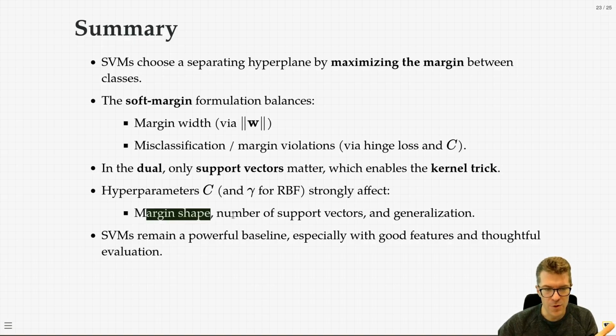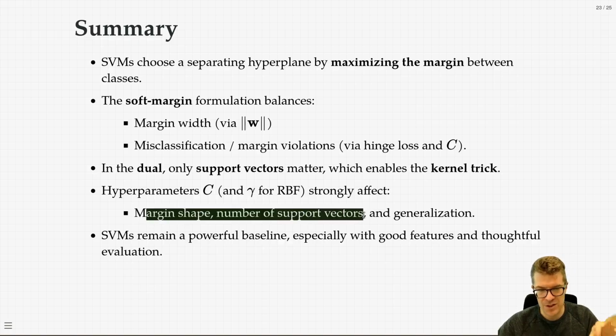If the shape is too complicated, with too many support vectors supporting this complicated shape, we might not be able to generalize as well. This connects to the same topics we saw previously of overfitting and underfitting, and also to the idea of complexity and the bias-variance trade-off.